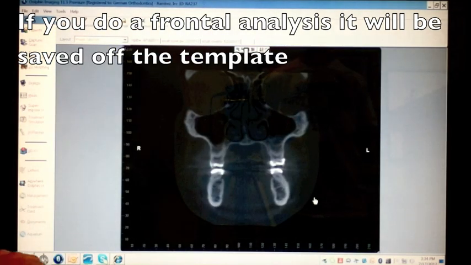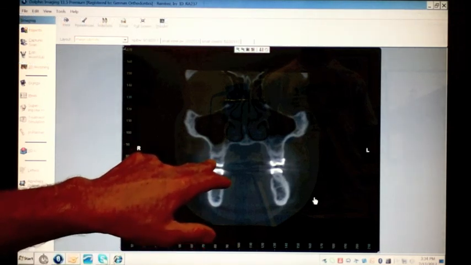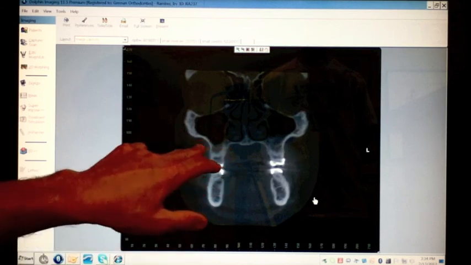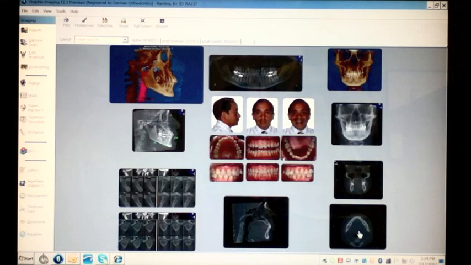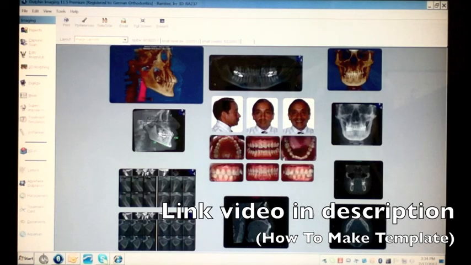We save a coronal picture showing us the position of the molars within the bone, the inclination of the molars, and how much bone we have to work with on the buccal and lingual. And we also save the axial view. So there you have a primer on working with the 3D images and diagnosing and treatment planning.